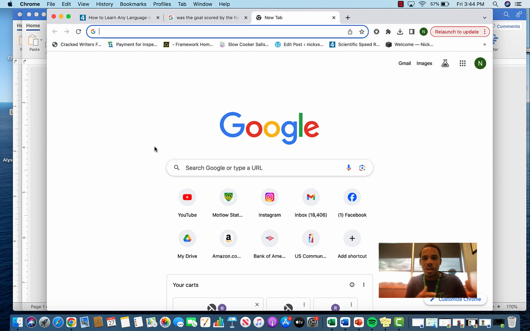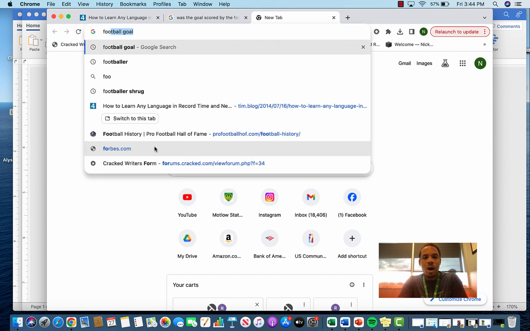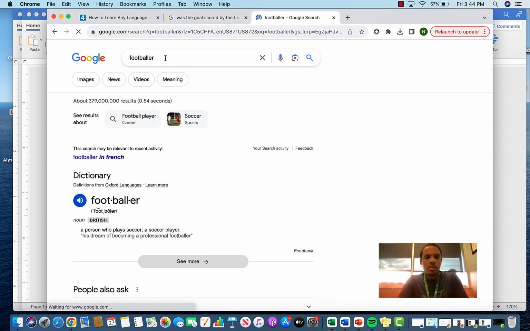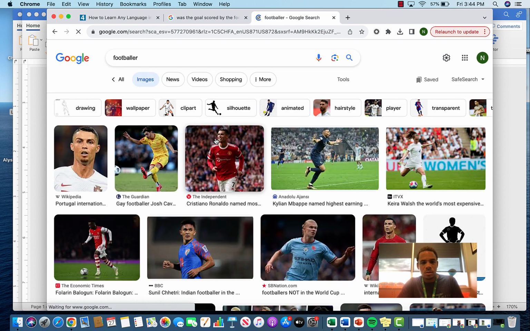And so this is where a lot of the cognitive theory comes into place, because you're not just going over and over words, but you are trying to do things to make them stick. In this case, associating them with images that you would have some sort of connection to. So I would look up footballer, and I would go images, and then right here we have, let's say, Mbappe.